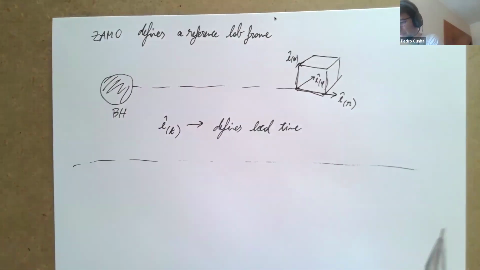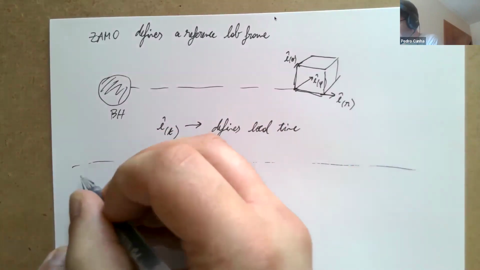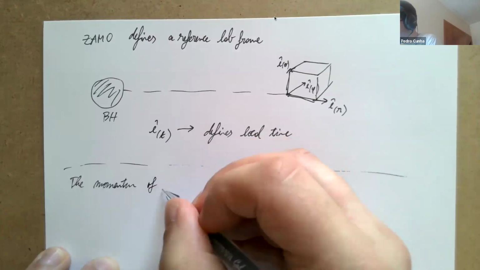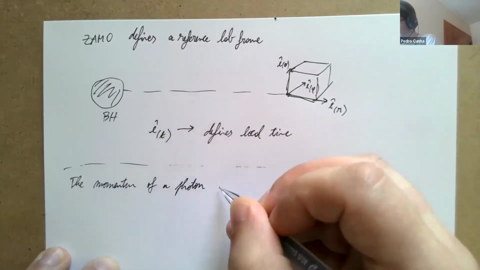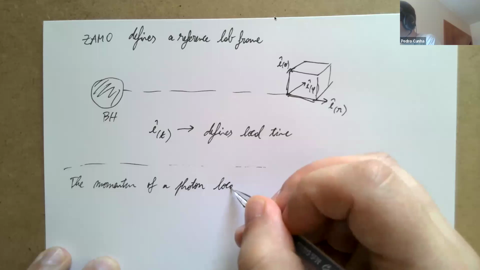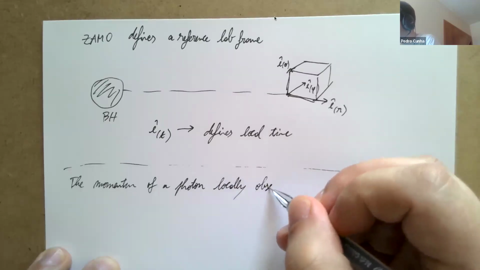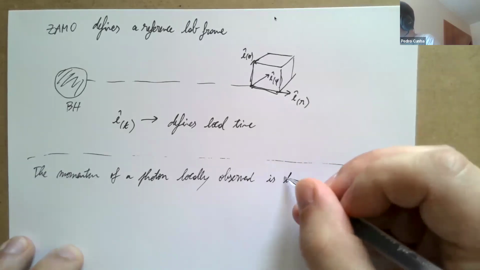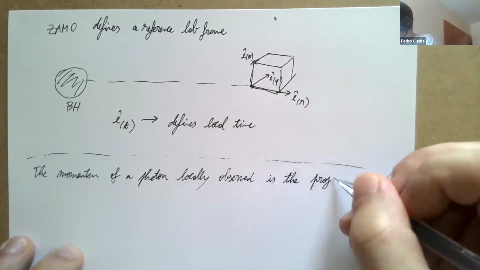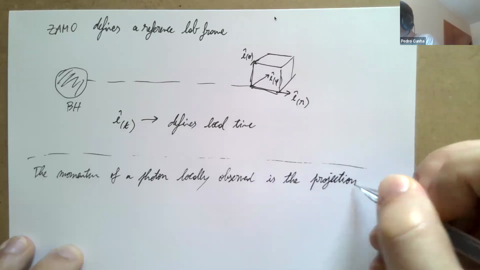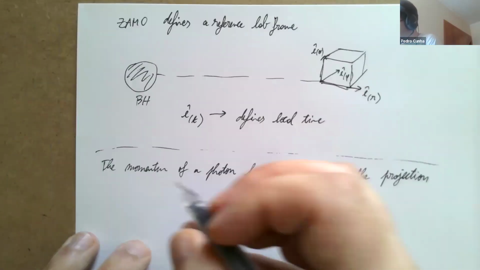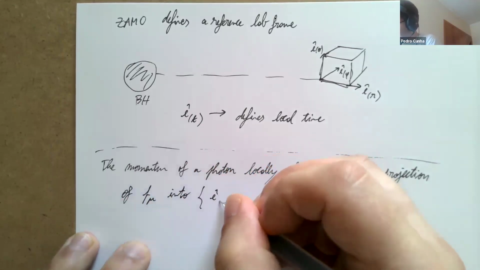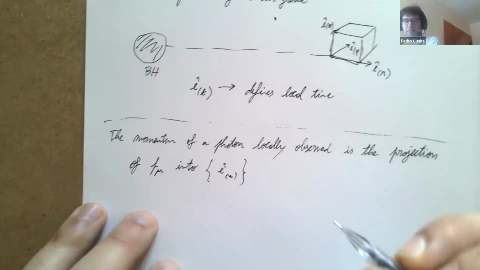So the momentum of a photon locally observed by the ZAMO frame is the projection of the form momentum p_mu into the vector basis of the ZAMO frame.